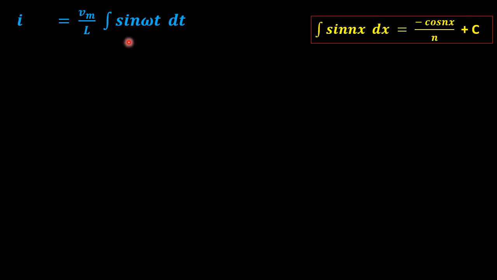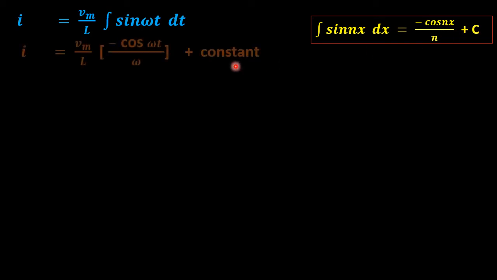If we compare the integration of sin omega t dt with the integration of sin nx dx, then instead of n we have omega, and instead of x we have t. So the right hand side of the formula will be rewritten as minus cos omega t by omega plus c.